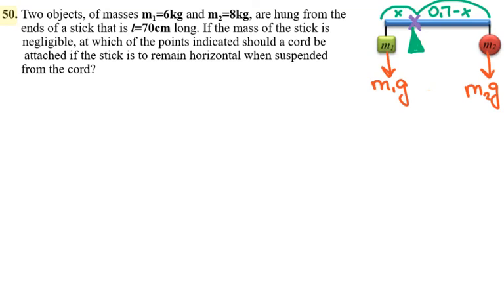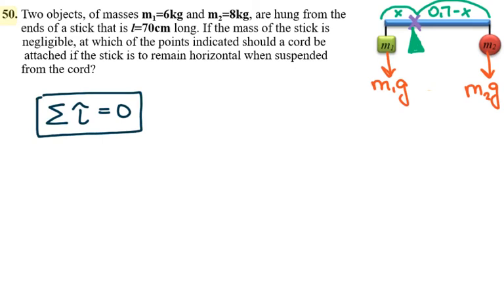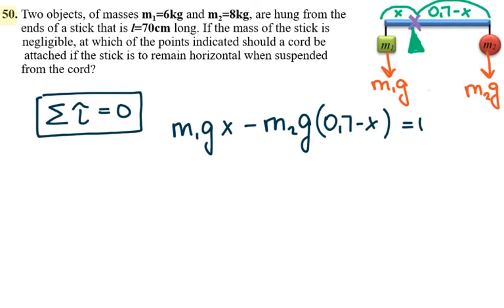Do you remember when we started center of mass and the torque, I said you can use sometimes one or the other to look for equilibrium. So to find the equilibrium point, I'm going to say the sum of all the torques is equal to 0, using exactly the same concept that we used in the previous questions. So I have positive m1g times the distance, which is x, and the other one is negative, m2g, because it would make it rotate in the clockwise direction, and the distance is 0.7 minus x, and that is equal to 0.